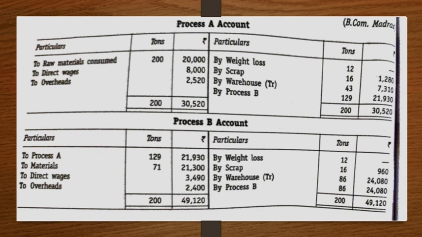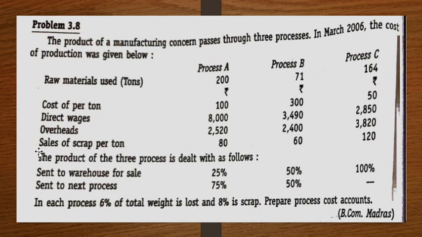Then they have stated in the problem that 8% is scrap. What exactly is scrap? It is small pieces or a small amount of things left over after a lot of usage of a particular material.